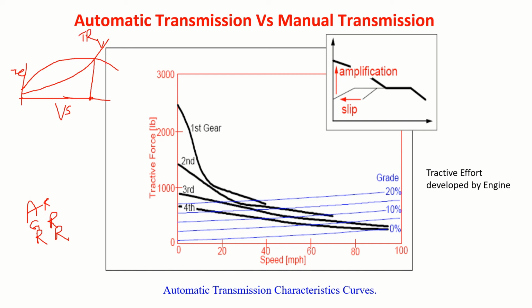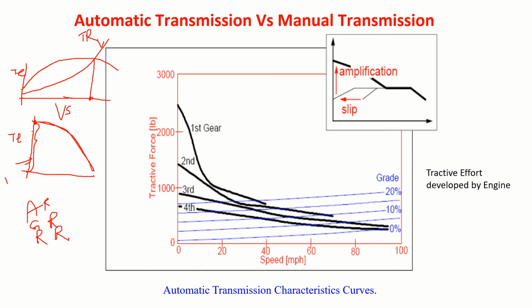So if I draw the tractive effort required, initially you require more. As the speed increases, the effort required reduces. Here more resistance is there, and to overcome this resistance we use the first gear.